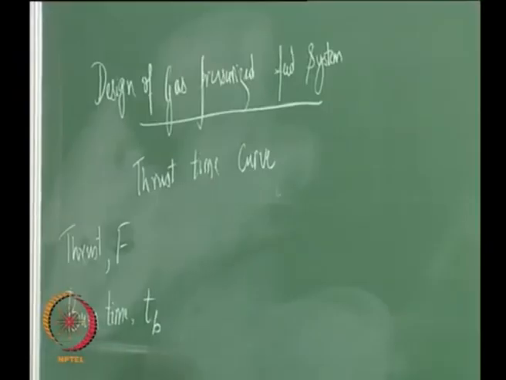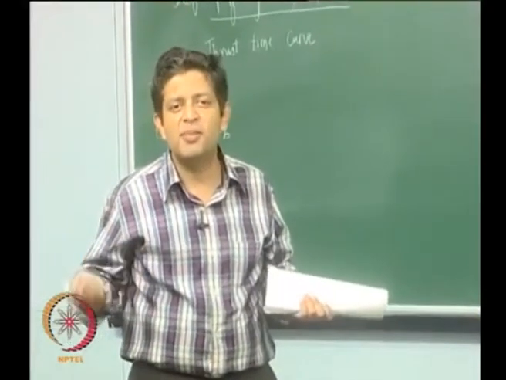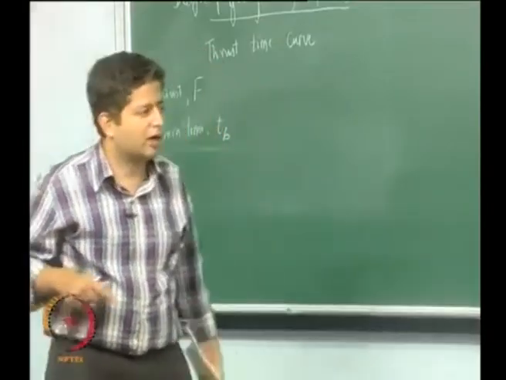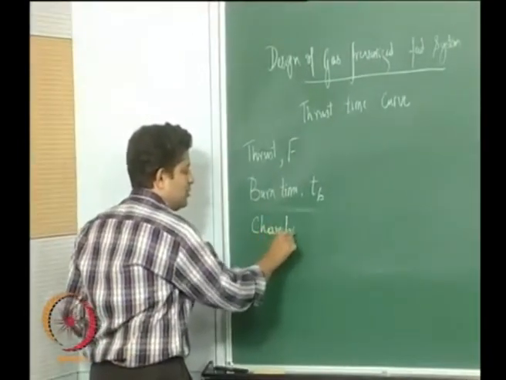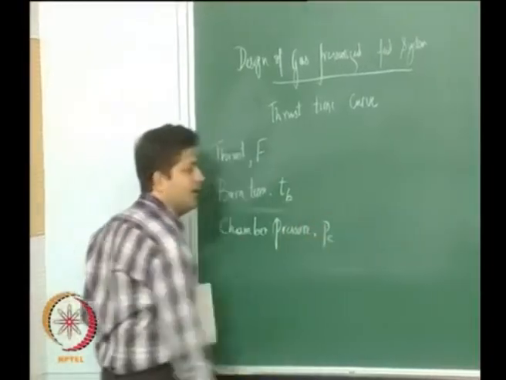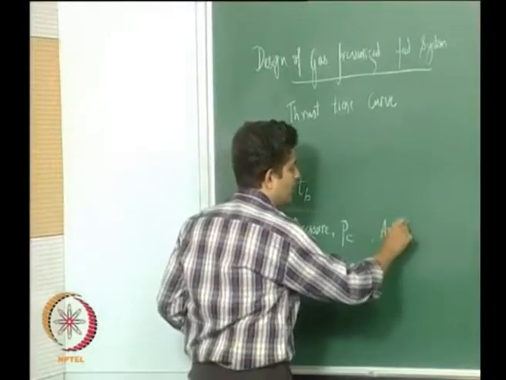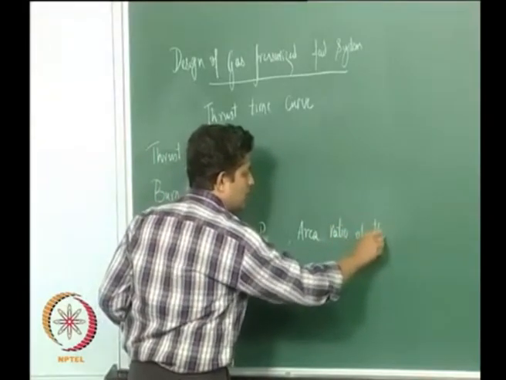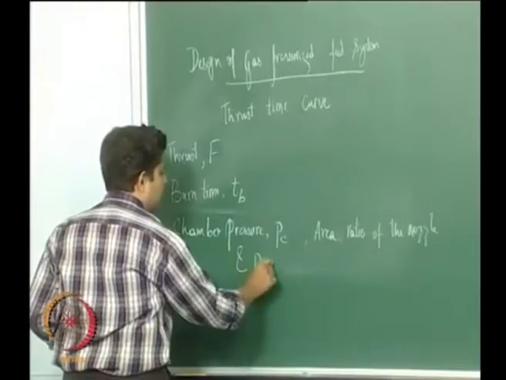TB, right? After knowing this, let's say you are going to use some kind of propellants, if it is a bipropellant system or a monopropellant system, you know what propellants you are going to use, and you know the chamber pressure, PC, and you also know the area ratio of the nozzle and propellant combination.